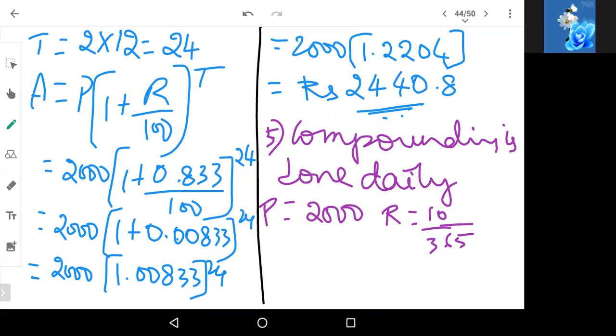Okay, so 10 by 365, how much do you get? You get 0.027, and time period is 2 into 365, which will be 730.